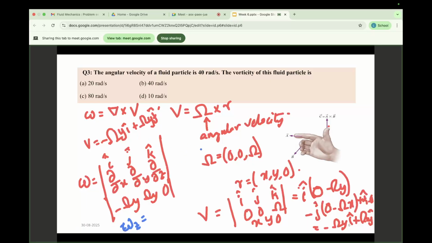Any confusion? Okay. There is a mistake in here. That is x here. No, this is y. This is x. This one is x.